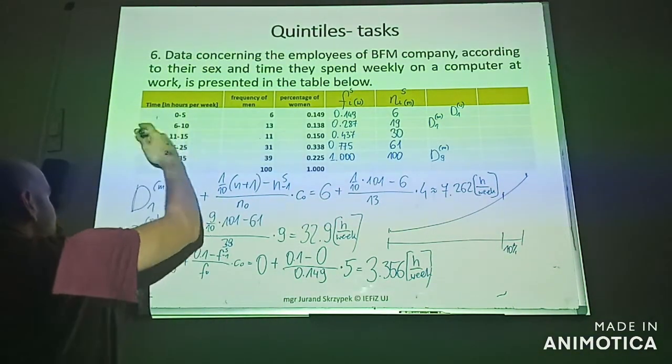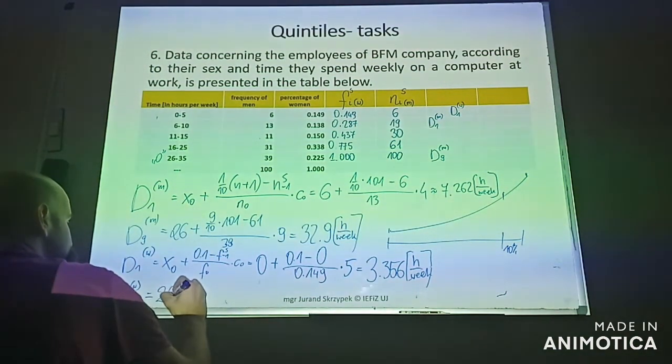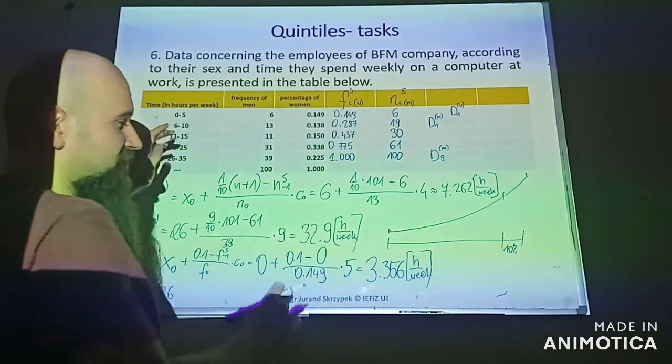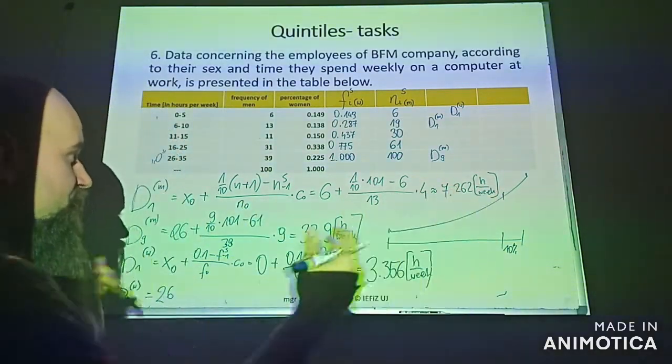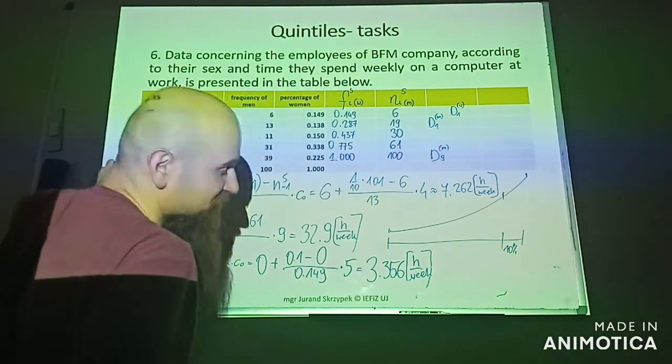So our new x0 level is here, 26. As you can notice, I'm investigating the extreme groups, so I'm jumping from the first class to the last class.